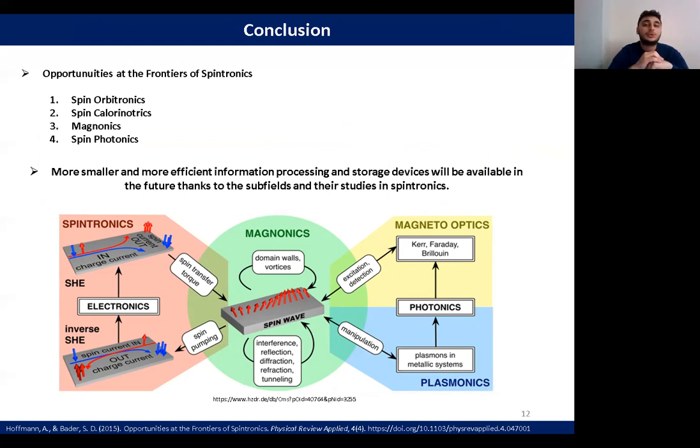Each of these areas reaches not only theoretical physics, but also applied and research fields. Also, spintronics can help with minimizing the thermal issues in today's silicon technology. For these reasons, we can say that smaller and faster information processing and data storage devices will be available in the future, thanks to the subfields and their studies in spintronics.